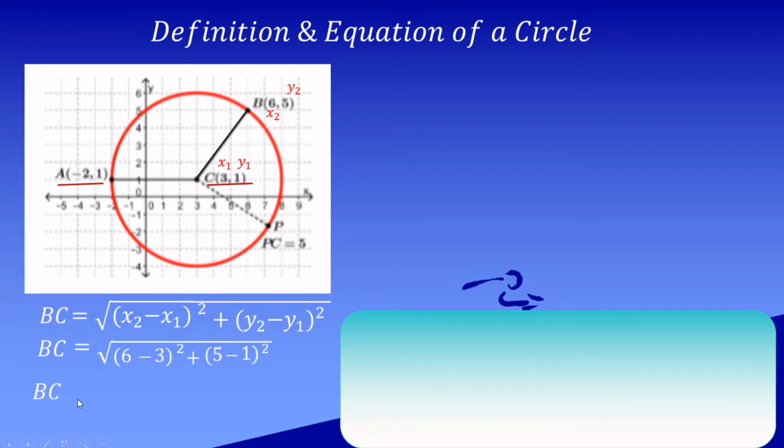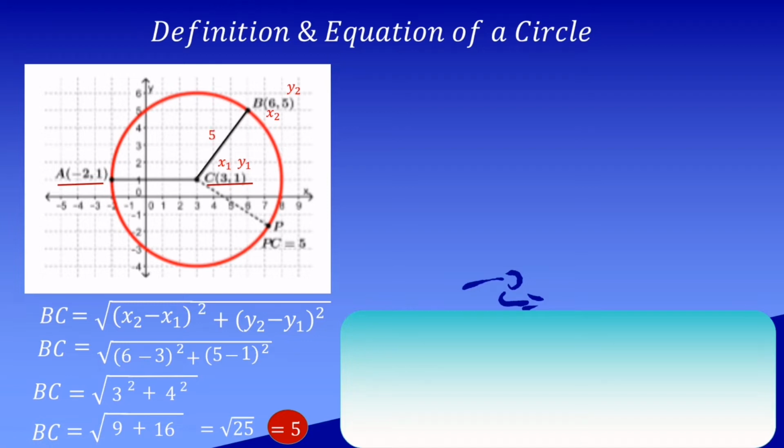Then simplify. BC is equal to the square root of 6 minus 3 is 3 squared plus 5 minus 1 is 4 squared. Then 3 squared is 9, since 3 times 3 is 9, then 4 squared, 4 times 4 is 16, then the square root of 25 is 5. Okay, ang ibig sabihin nito, the distance of B from C is 5.